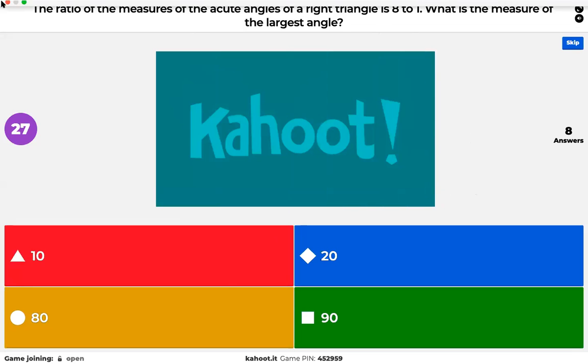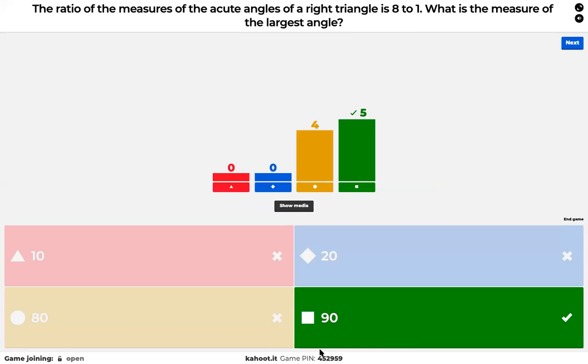Don't think too hard about this one. The largest angle in a right triangle will always be the right angle. So it looks like a lot of you got tripped up there.